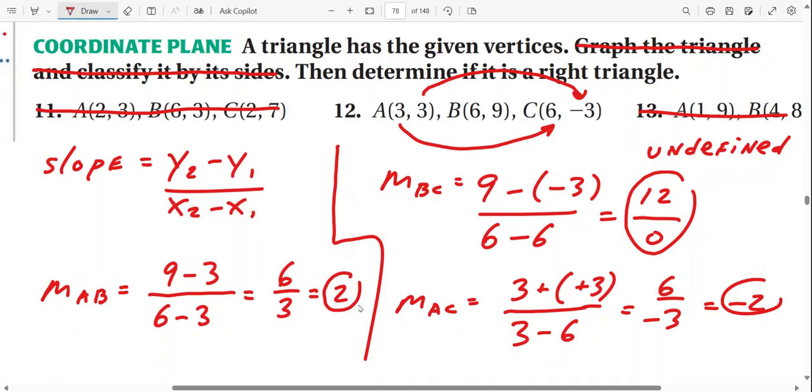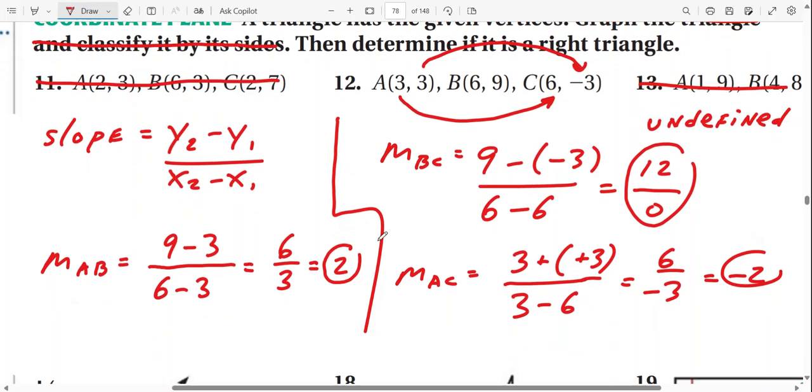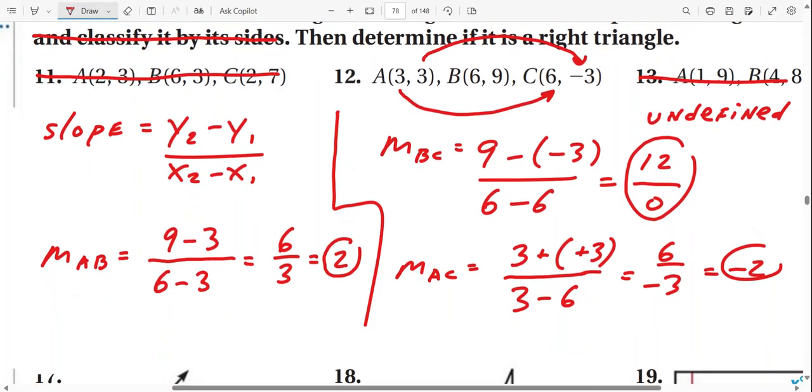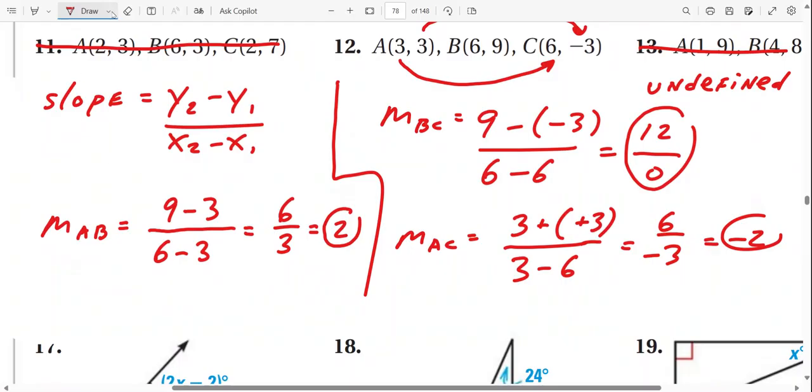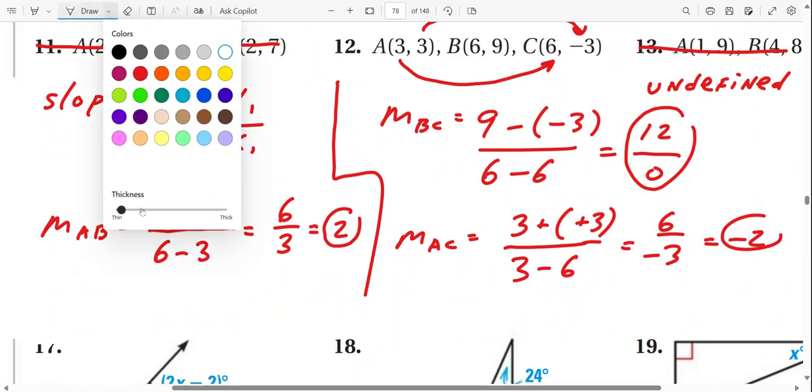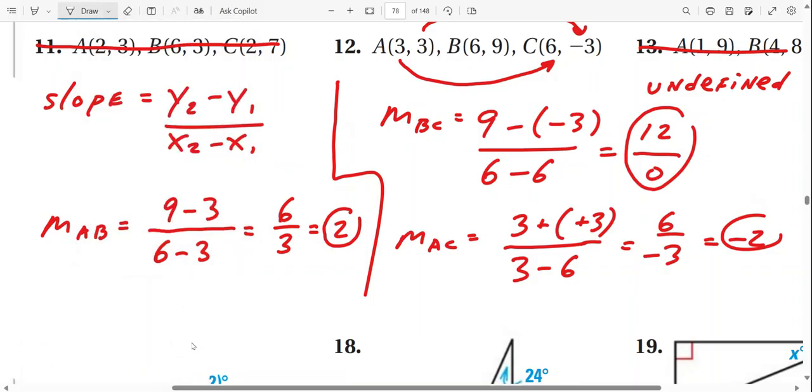How do we check to see if it's a right angle? Does anyone remember? Yes, Vera. Go ahead, say it again, please. Opposite reciprocal slope.